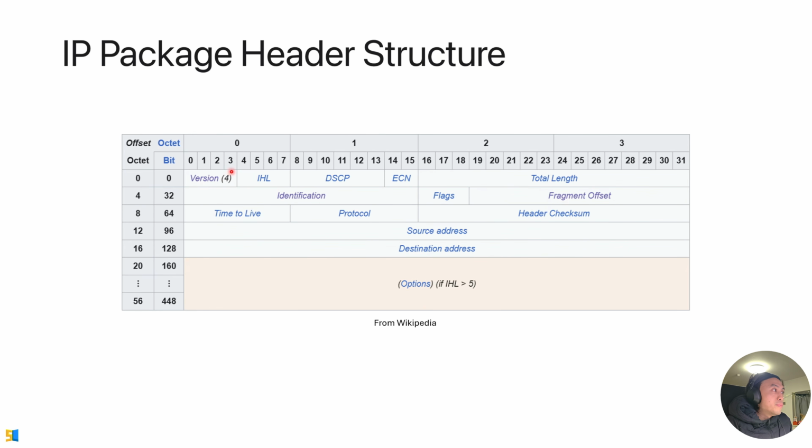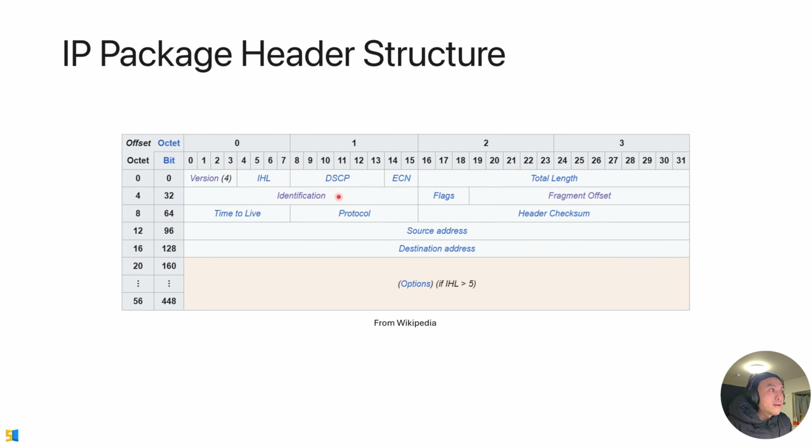The first 4 bits is for version 4 or version 6. The next 4 bits is for IHL, the header length. The minimum size is 5.